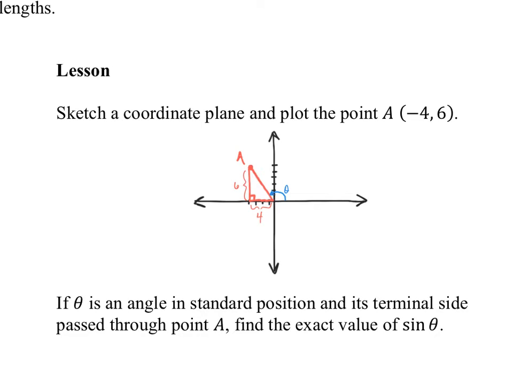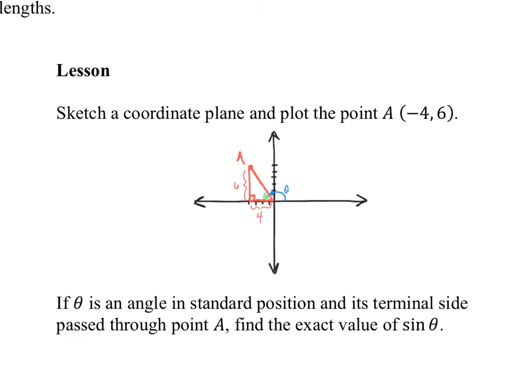So this is why we need this right triangle that we just drew. As it turns out, we can use the reference angle to help us do that. So rather than using that standard angle theta, we can use this reference angle and calculate sine of that angle. And all we'll need to account for is the sign of our answer. And we'll discuss more about what that means when we finish.